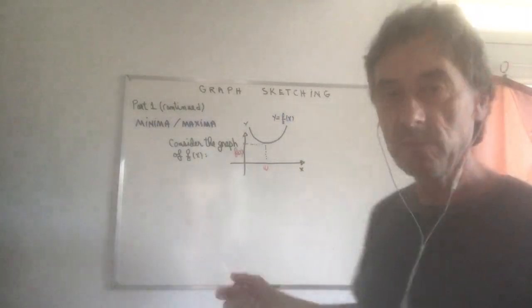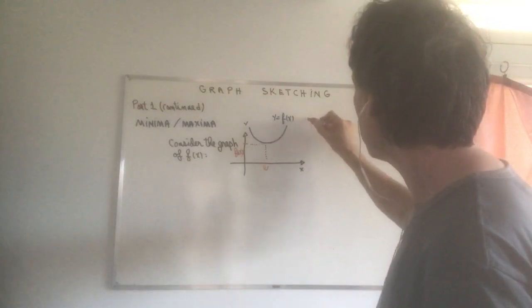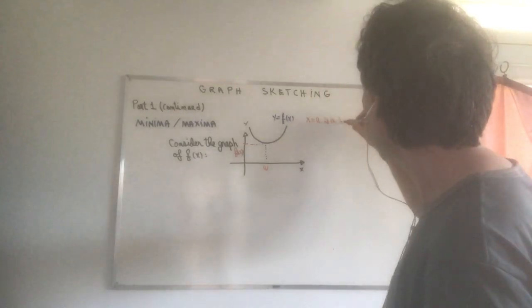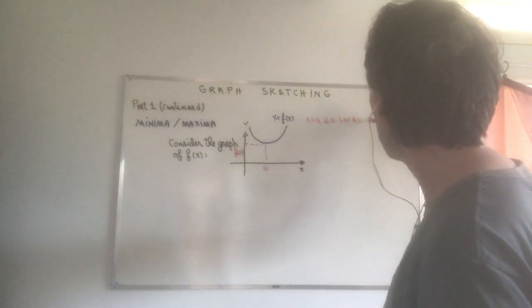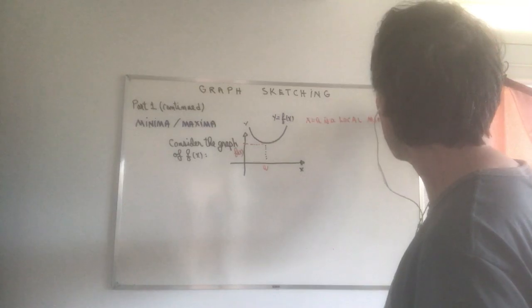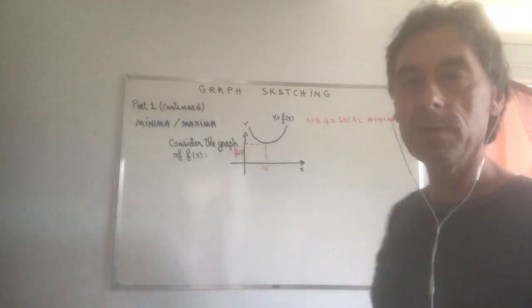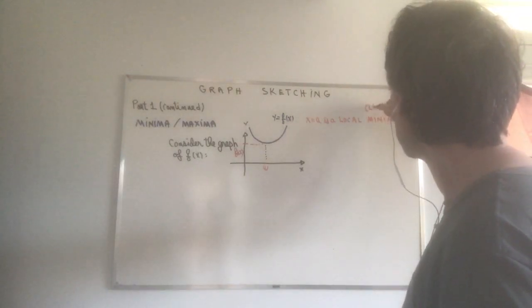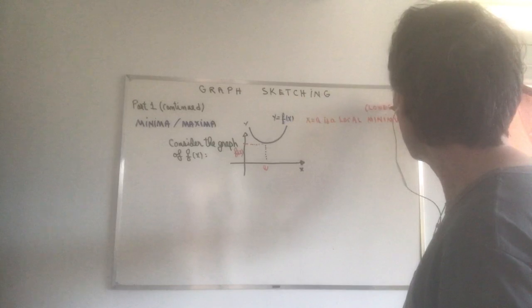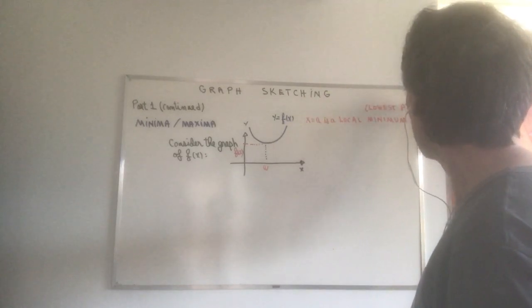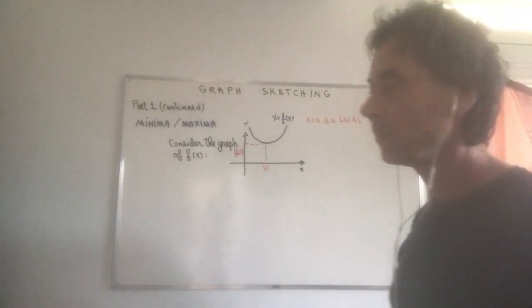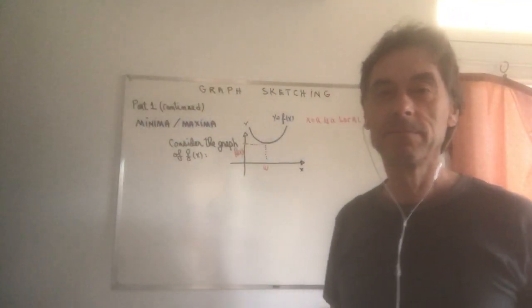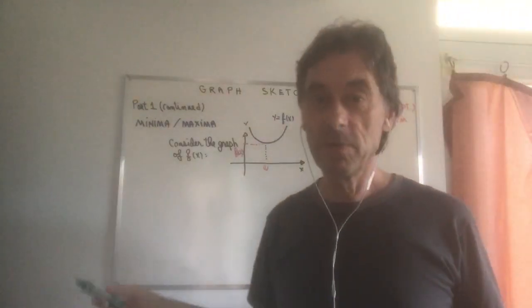So, very loosely, we say that x equals a is called a local minimum. Minimum in the sense of lowest point.